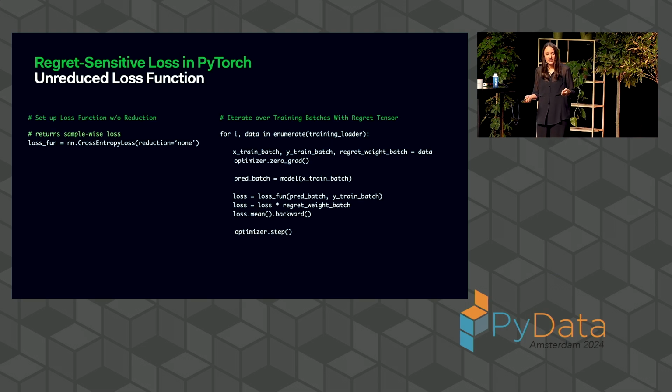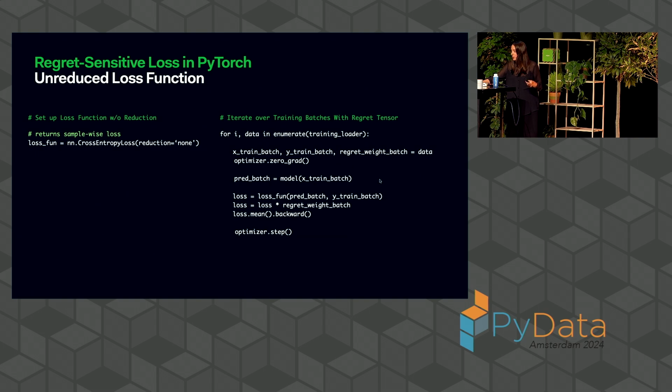Lastly, last example, PyTorch. We also have a nice option to introduce this here that looks a bit different. Let's assume we have set up a loss function, in this case, cross-entropy loss. And there's a nice trick: just set the reduction parameter of that loss function to none. That means this loss function will now return the sample-wise loss instead of the aggregated loss. That means when we now train our model, so we iterate over the training batches, we now have to make sure that our training data also includes a regret weight tensor for that specific batch.